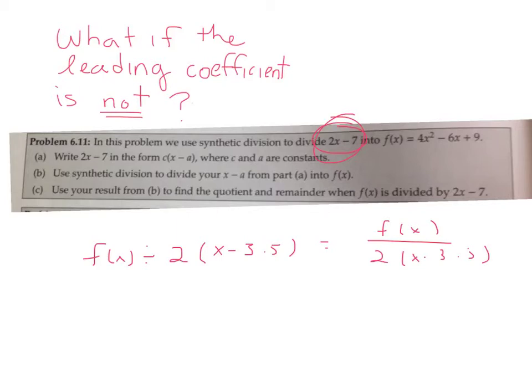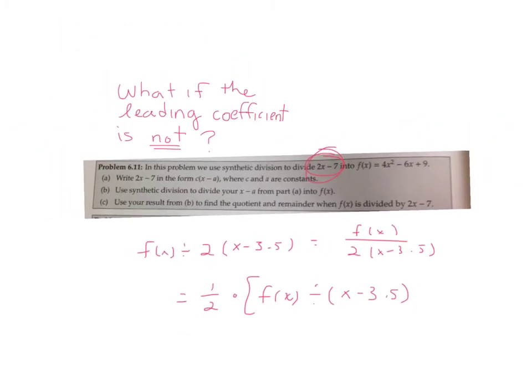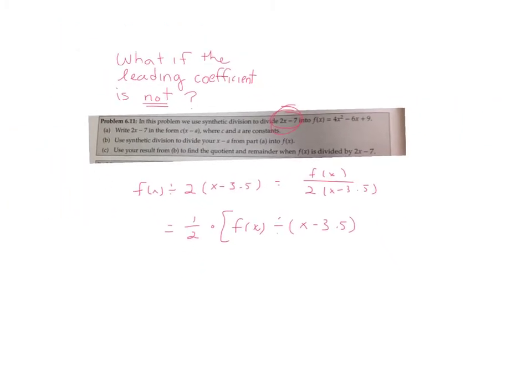So this, using algebra, is just 1/2 times f of x divided by x minus 3.5. And now that I have the leading coefficient being 1, now I can use the same model.